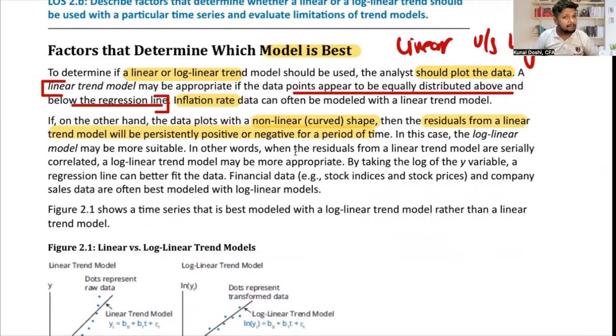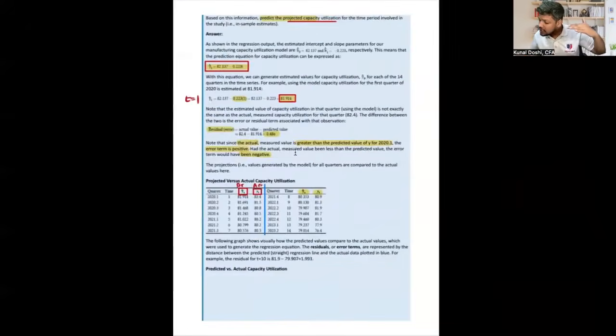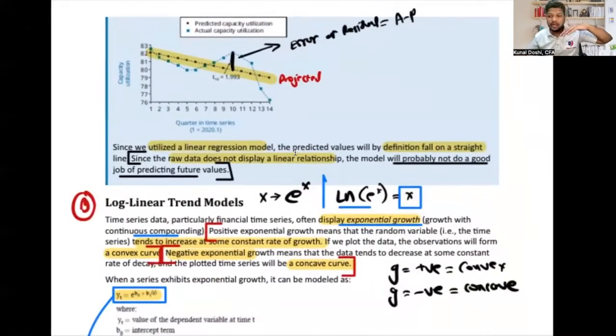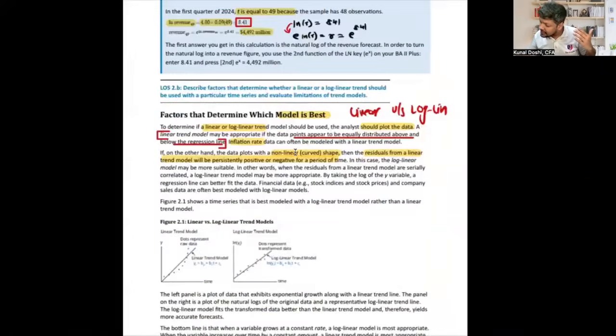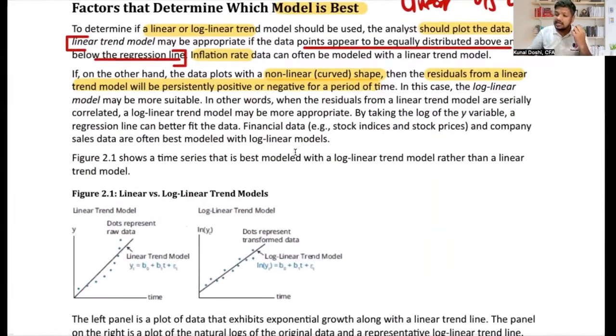We saw in the example that when the slope was positive or negative, the data showed us a trend line, either upside or downside. We did the example where we saw the downside trend. In such a case, we cannot use the linear model. So the log linear model may be more suitable.